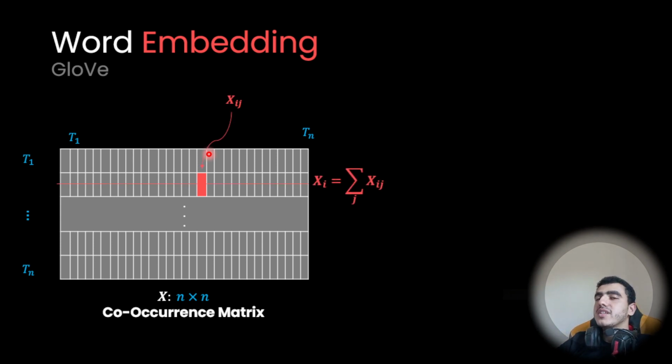So what does GloVe do here? GloVe is basically counting the token's appearance within the context of a different token. For example, if I have 10 sentences, I need to find how many times token I appeared with token J across each sentence within these 10 sentences.